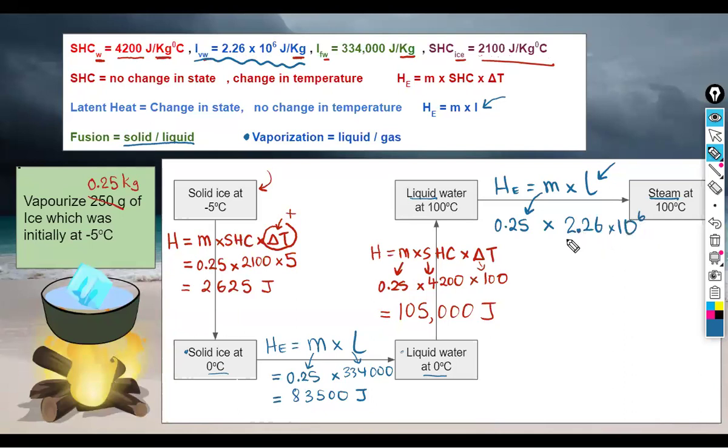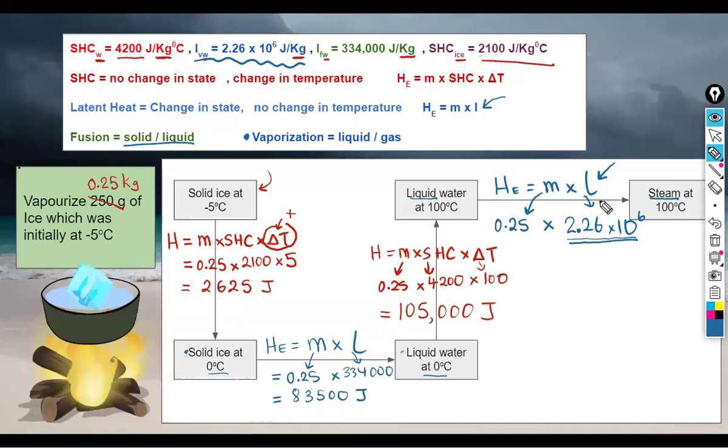I can't help you type this in on your calculator because every model is different, but 10 to the power 6 is the same thing as a million. So if you can't find multiply by 10 to the power 6, you're just multiplying 2.26 by 1,000,000, a 1 with 6 zeros. That should make it easier for you.